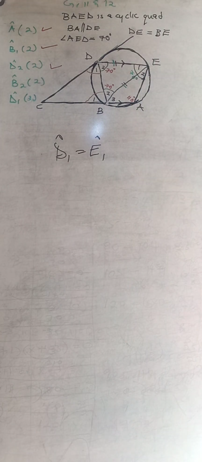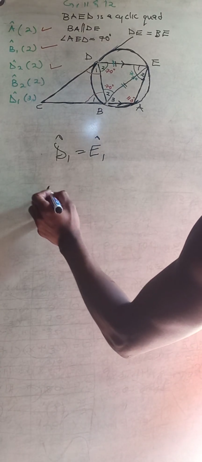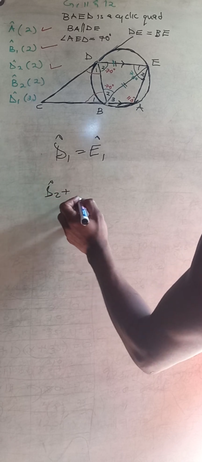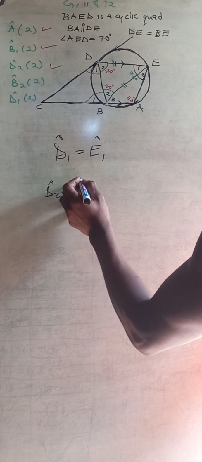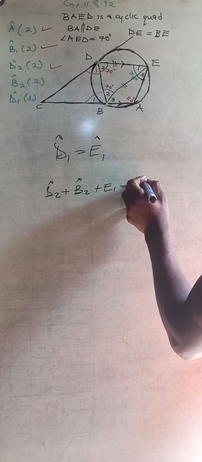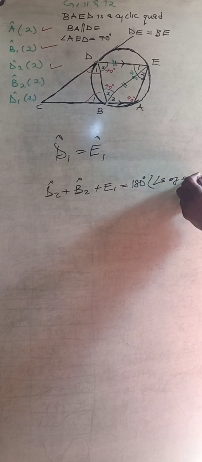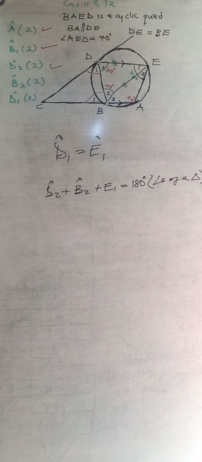So what is E1? E1 we don't know, but we know that D2 plus E1 will give us 180 degrees. What is the reason? Angles of a triangle add up to 180 degrees.